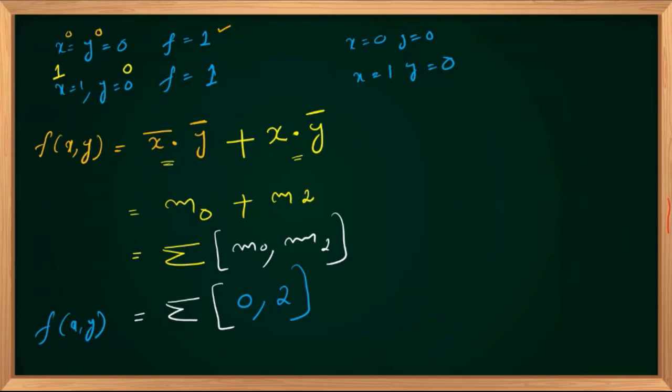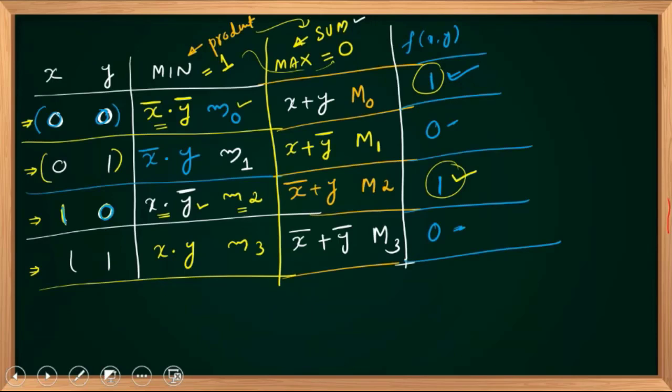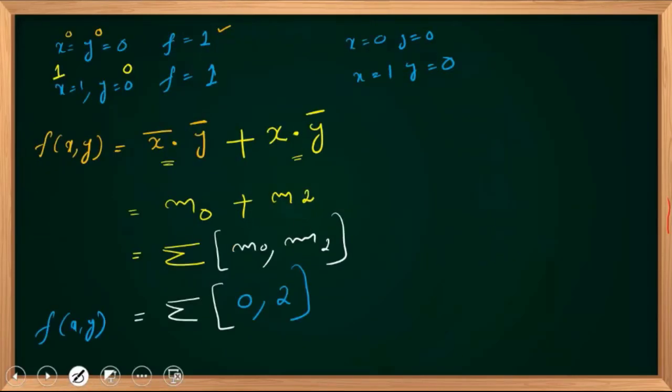What about all other combinations? All other combinations, by default, function equal to what? 0, right? So using minterms, we are specifying the conditions of input, or the combinations that come at the input side, and for those combinations output f equal to 1.